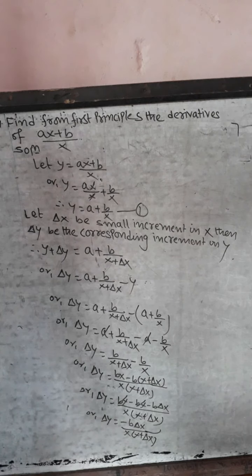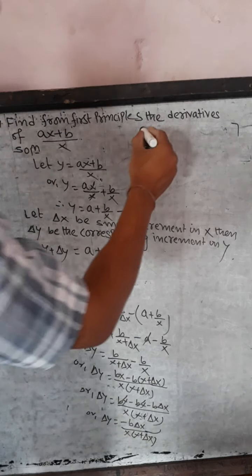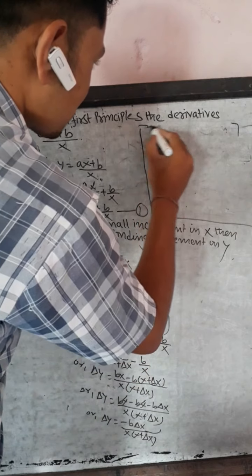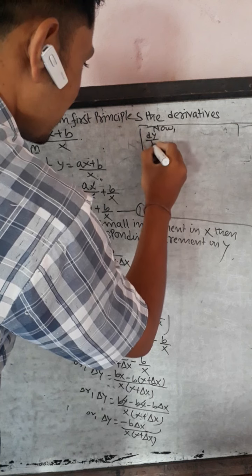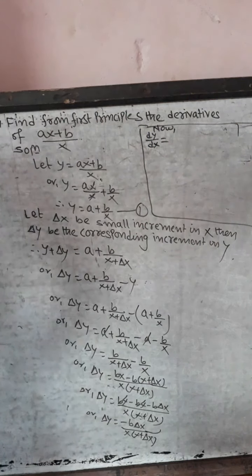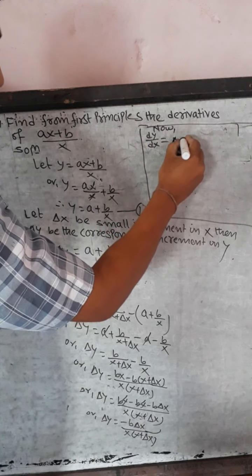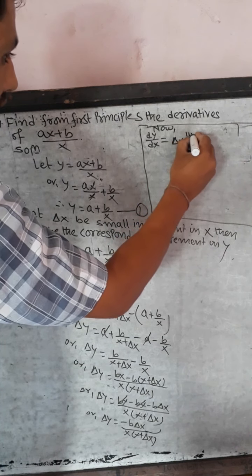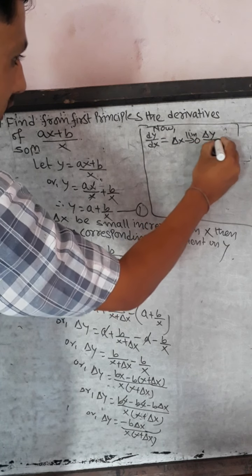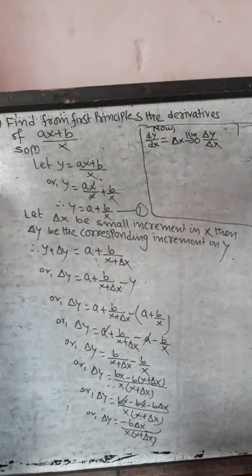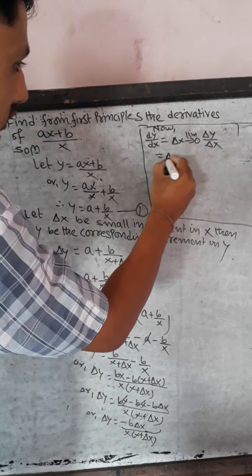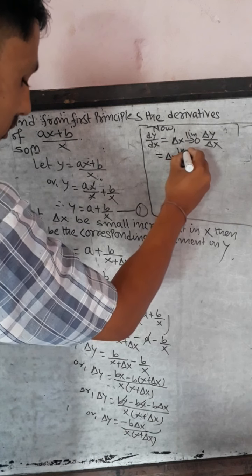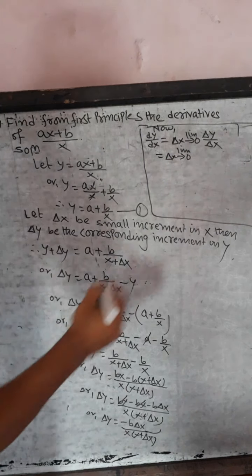Now let's do the remaining part here. Now dy by dx is equal to, you know, limit del x tends to 0 of del y by del x. Now put the value of del y. What is the value of del y?